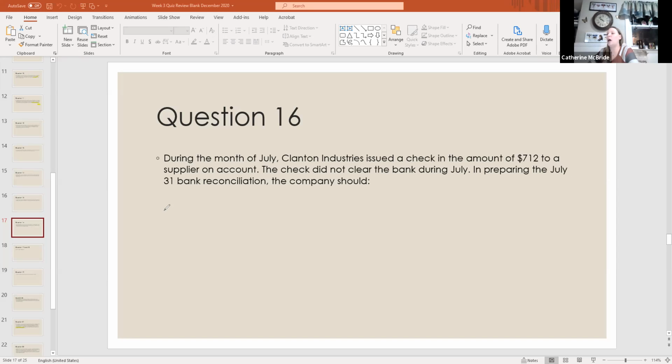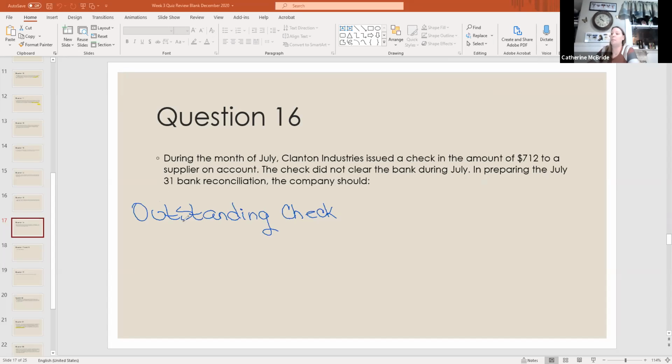In preparing the July 31st bank reconciliation, what this is called is an outstanding check. What an outstanding check means is that when the company wrote the check, made the payment, they deducted the $712 from the books. But if the other company hasn't deposited it, or if there was a timing, like a last of the month issue, it doesn't show up on the bank statement. So according to our bank balance, we didn't get that check.